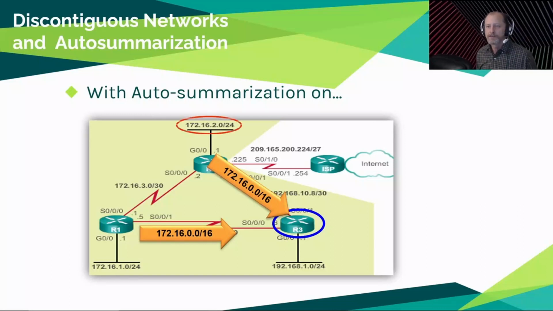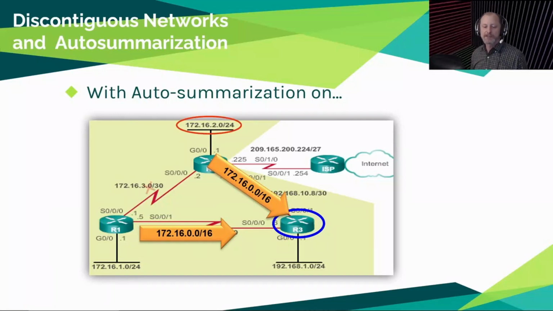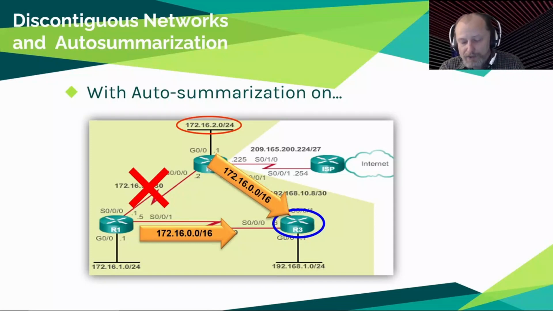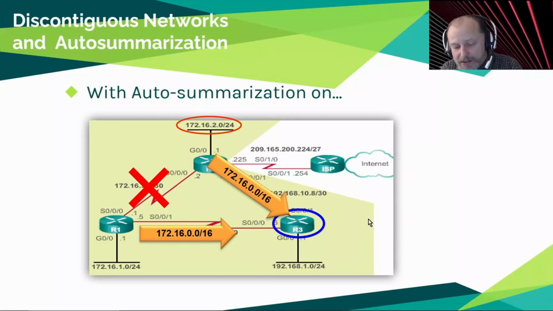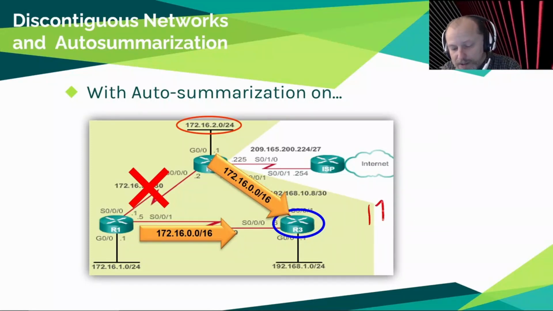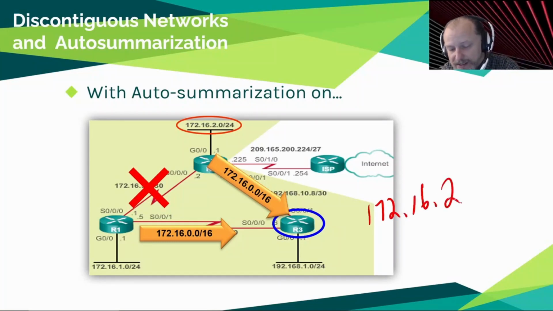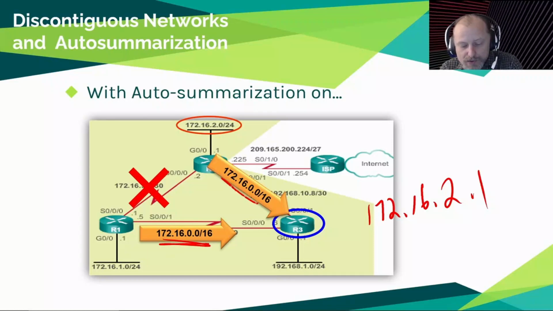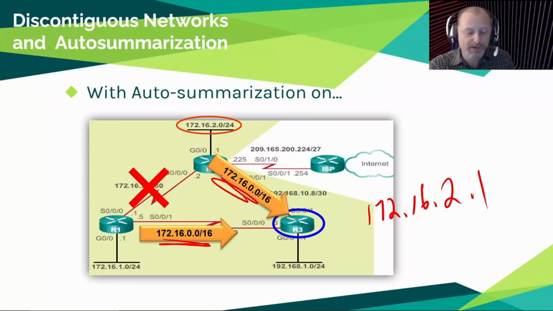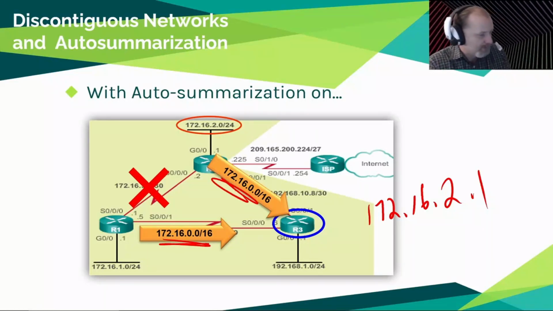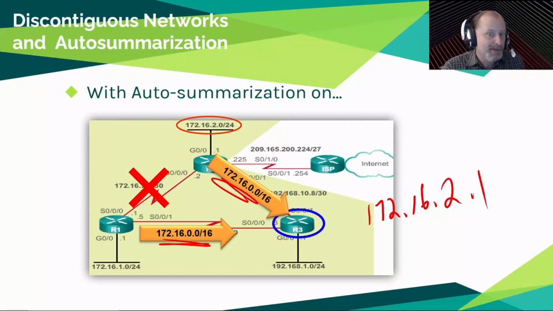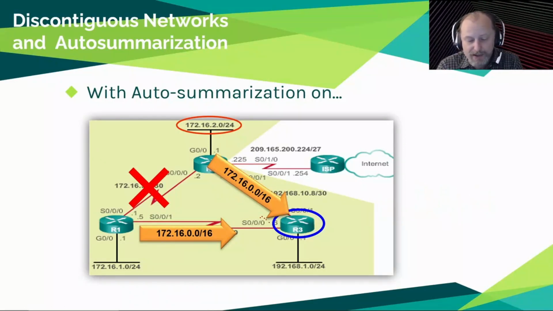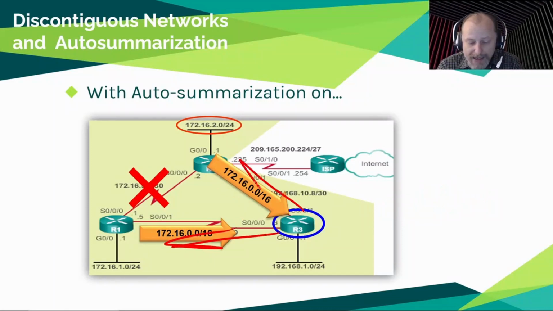Well, fine. So who cares? Say this link goes down. This router wants to send a bunch of packets to 172.16.2.1. Well, it has two routes, and because those are summary routes, maybe the metric is going to be the same on those, and if that's the case, we're going to load balance our packets like this.